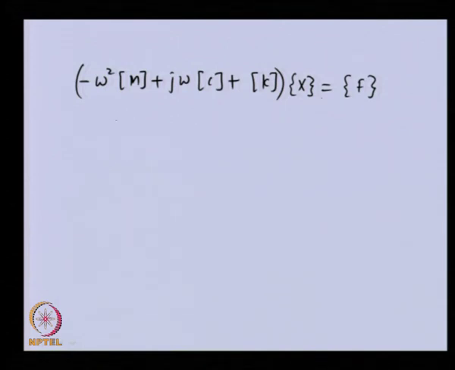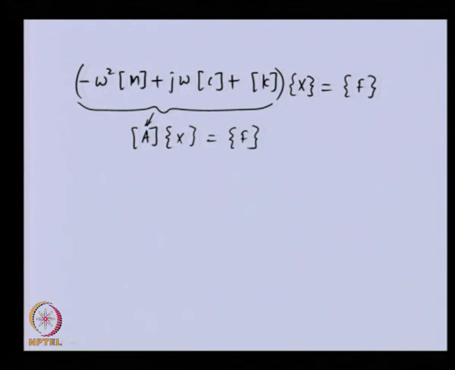If we define these as, let us say, the A matrix, then we can write this as a simple equation like this. Our aim is to obtain the response of the system for a known unbalanced force. So, this can be obtained by inverting this particular matrix to get the response.